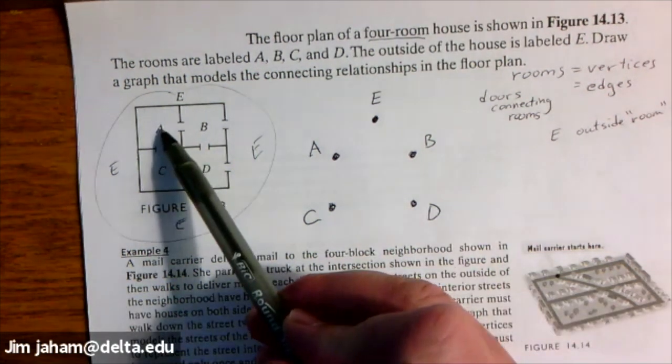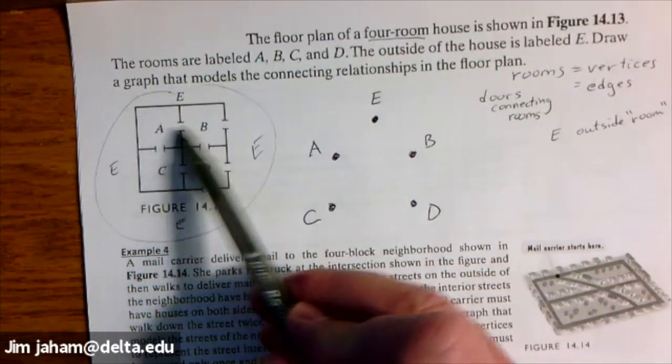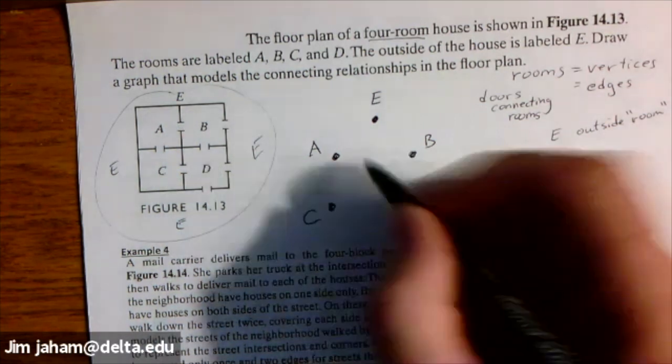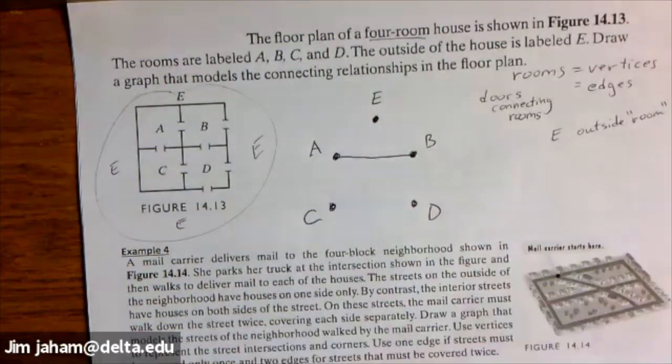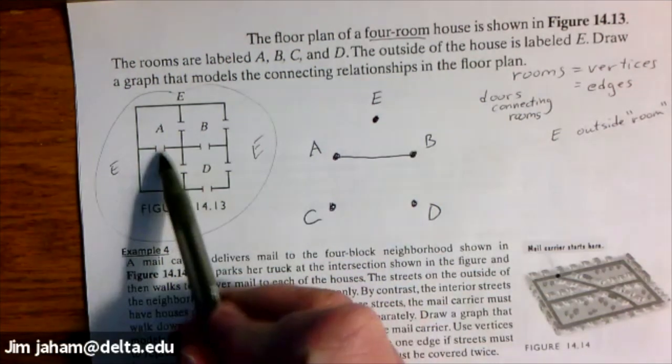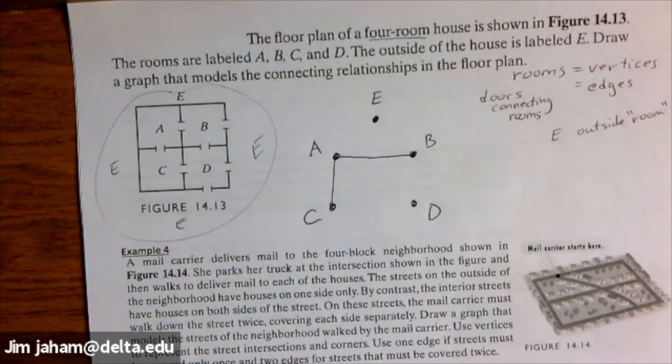So here's A. It doesn't have a door to the outside, but it does have a door that connects it to B. So we're going to draw an edge connecting A with B. There's also a door connecting A and C. That takes care of A.